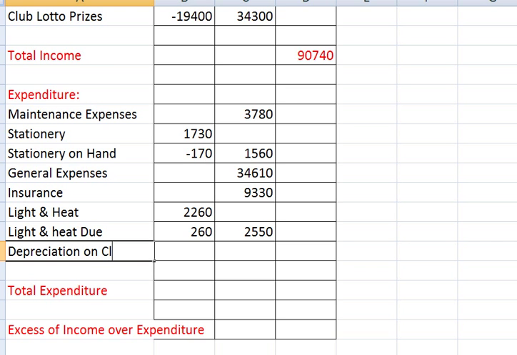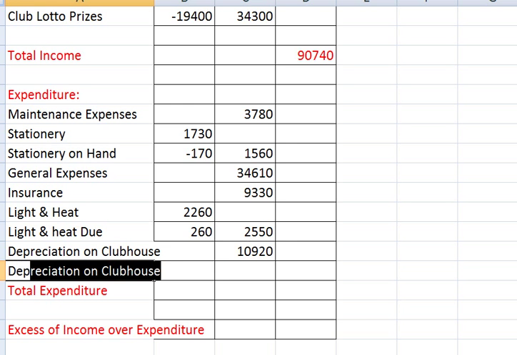So depreciation on clubhouse at a rate of 3% of 364,000 was 10,920, and depreciation on equipment at 15% of 80,000, so it's losing value to the tune of 12,000.